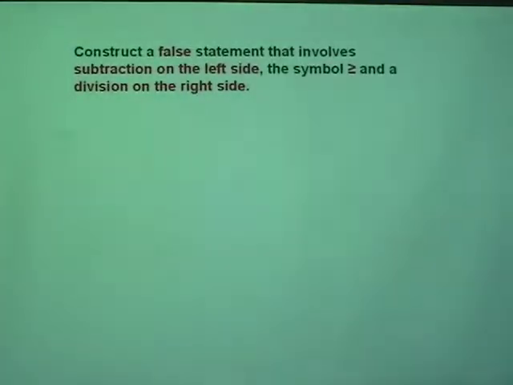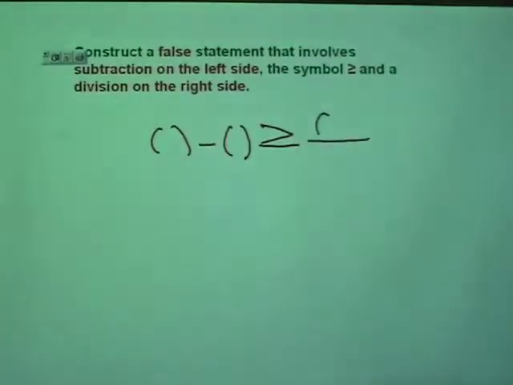You've got to have a statement that involves subtraction on the left side. That means you've got to say something minus something else, and the inequality sign must be greater than or equal to, and the right side must be a division.